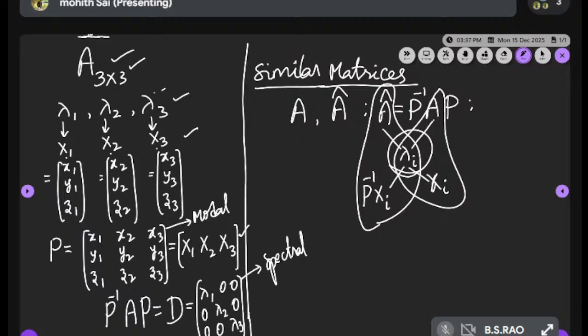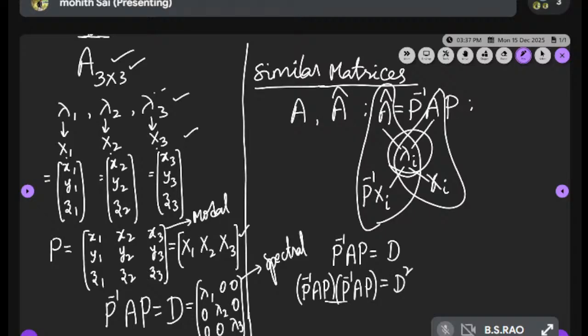Here P inverse AP, already you know, is equal to the diagonal matrix. Lambda 1, lambda 2, lambda 3 are eigenvalues of A. They are principal diagonal elements of D. And using their eigenvectors, you are getting P. So now I am going to write P inverse AP into P inverse AP is equal to D square.